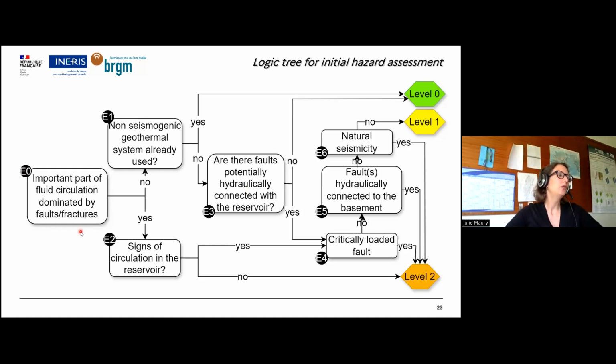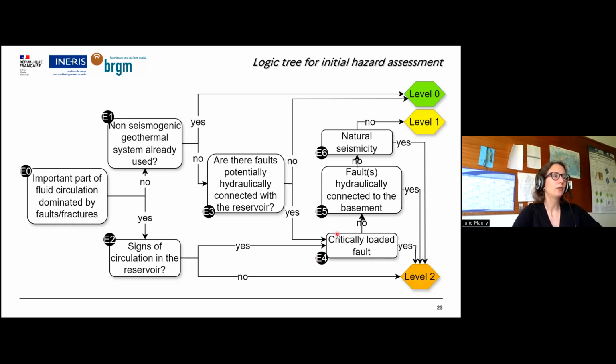And then we need to know, depending on the answer, if the geothermal system is already used, and if it's already used and there is no problem, you go directly to level 0 and you do nothing anymore unless there is a problem. But in other cases, you have to check if there are some signs of circulation in the reservoir and the fault, what are their characteristics.